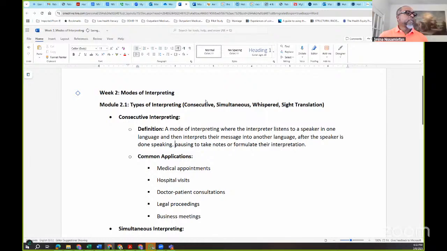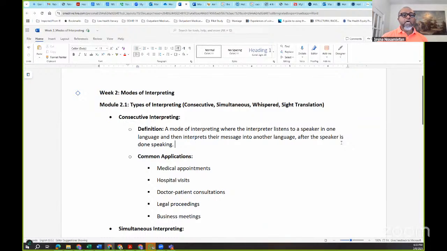It's a mode of interpreting where the interpreter listens to a speaker in one language, then interprets their message into another language after the speaker is done speaking.